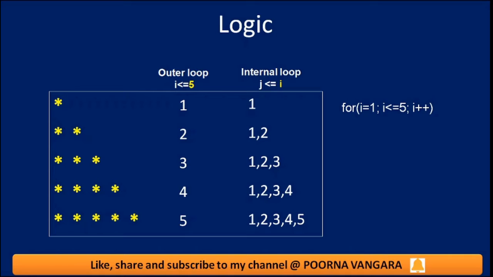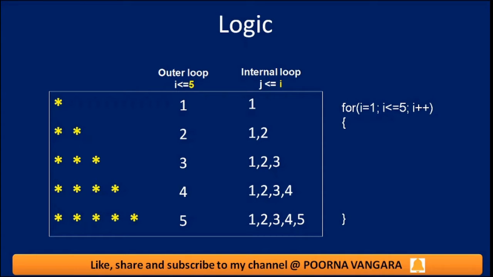Generally, here we are considering I less than or equal to 5 because we consider a fixed pattern, and that pattern consists of 5 lines. I use 5 directly, but for real-time programming, you can ask the user to give the number of rows so that you can store it in a particular variable, for example small n. Then this 5 can be replaced with small n.